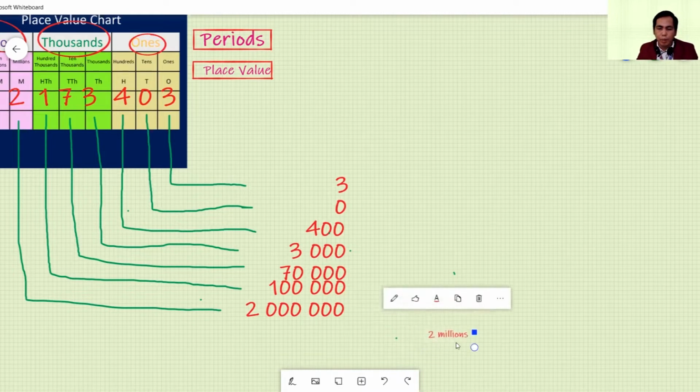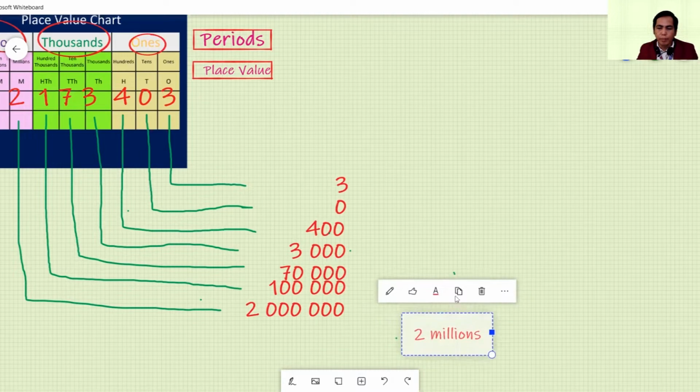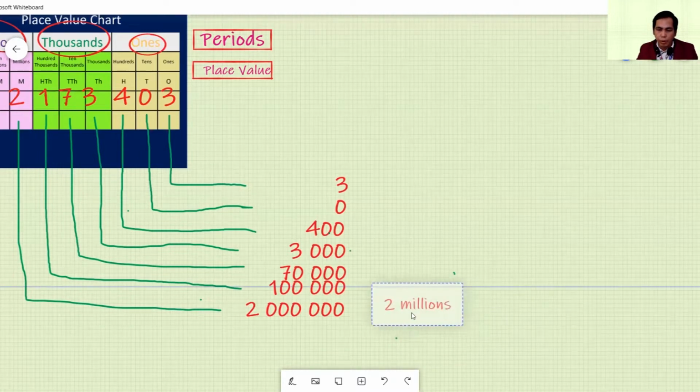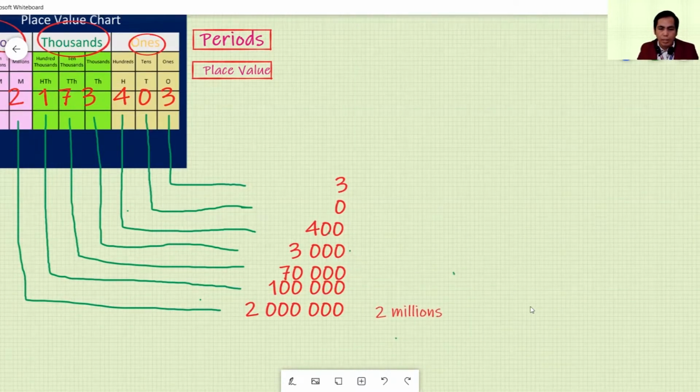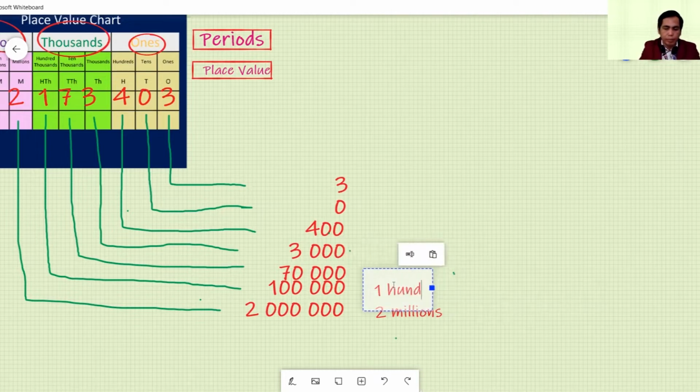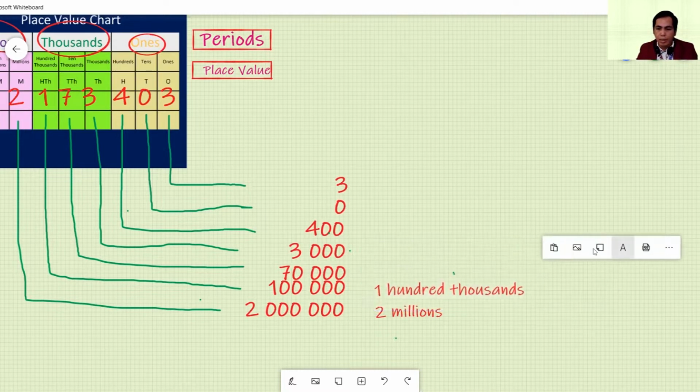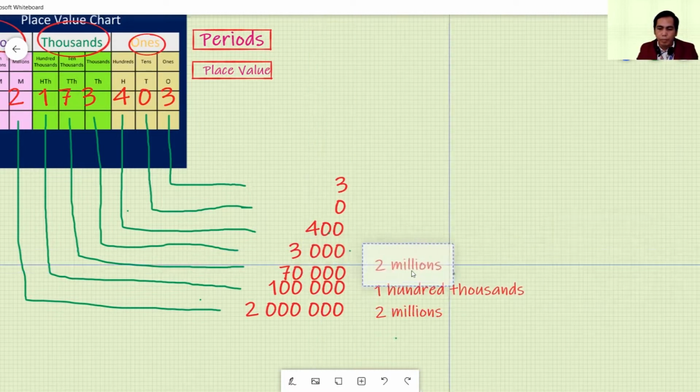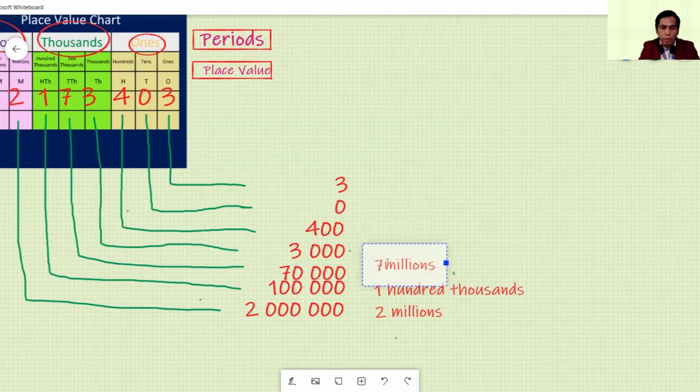That's why you have 2 millions. Next, the digit 1 is found in the hundred thousands place. So you have there 100,000. Next, 7 in 10,000s.